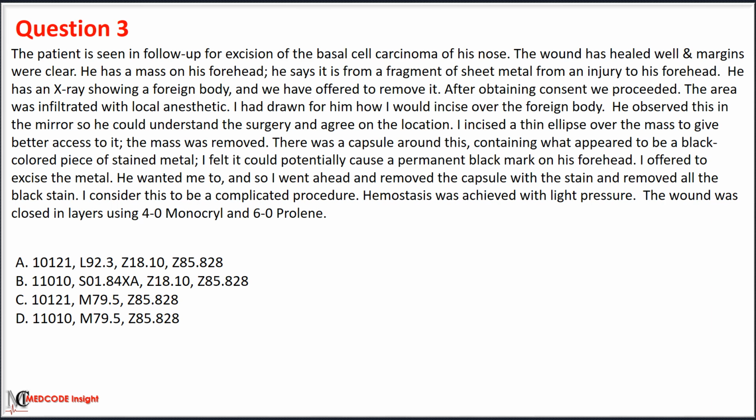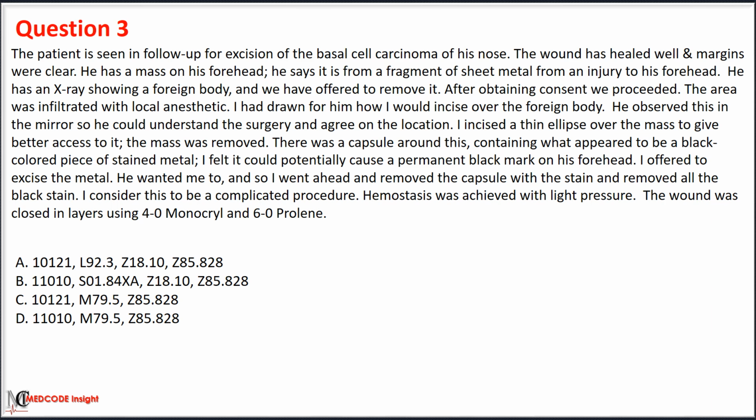I incised a thin ellipse over the mass to give better access to it. The mass was removed. There was a capsule around this containing what appeared to be a black colored piece of stained metal. I felt it could potentially cause a permanent black mark on his forehead. I offered to excise the metal.